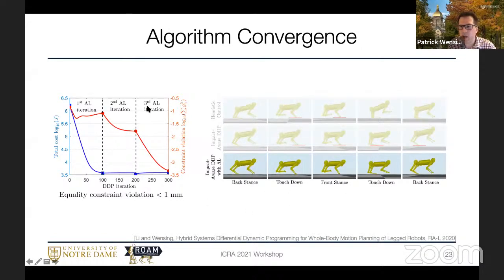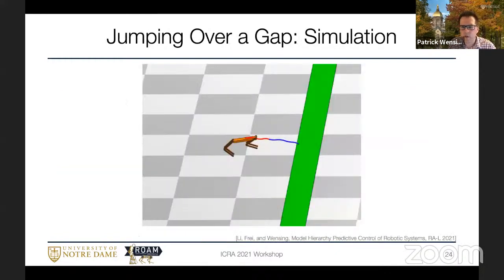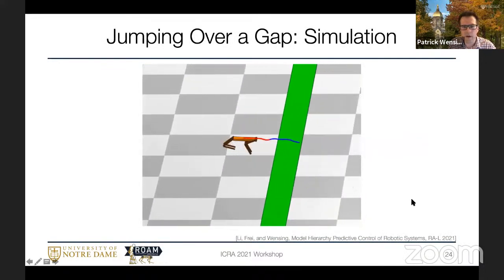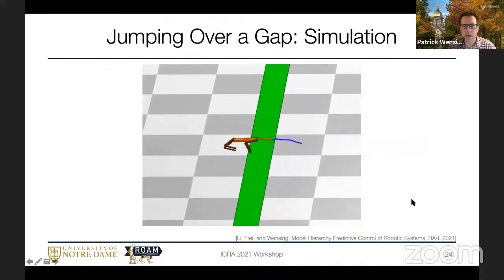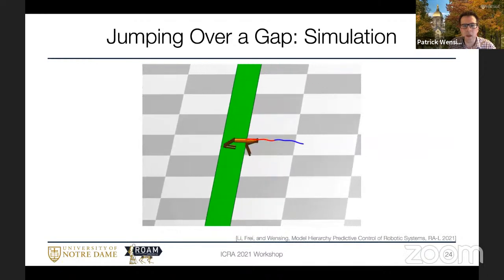So we've been looking at using this in my lab to enable the mini cheetah robot that we have to handle more challenging scenarios. So here's a video from one of our simulations doing some real-time MPC in the sim.